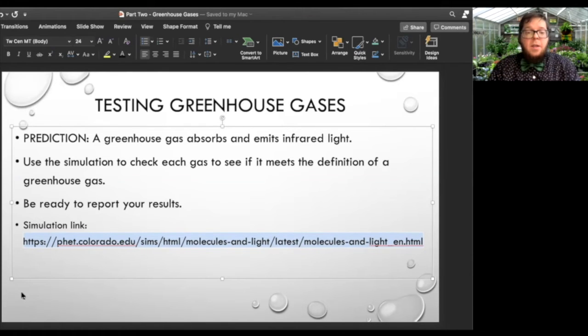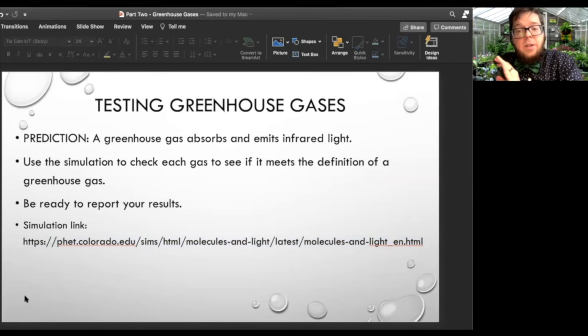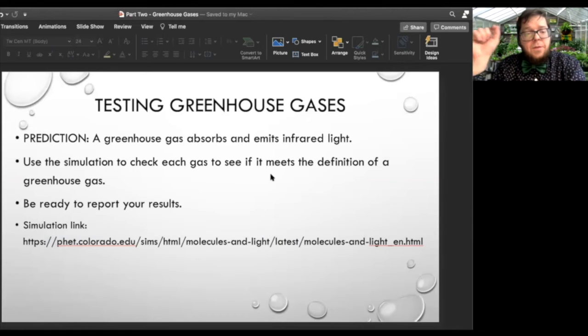Our prediction is that a greenhouse gas will absorb and emit infrared light. When you open this link, it will show you different gas molecules you can put in front of an infrared flashlight. So I want you, sitting here at home watching this, to open this simulation and try a gas molecule.